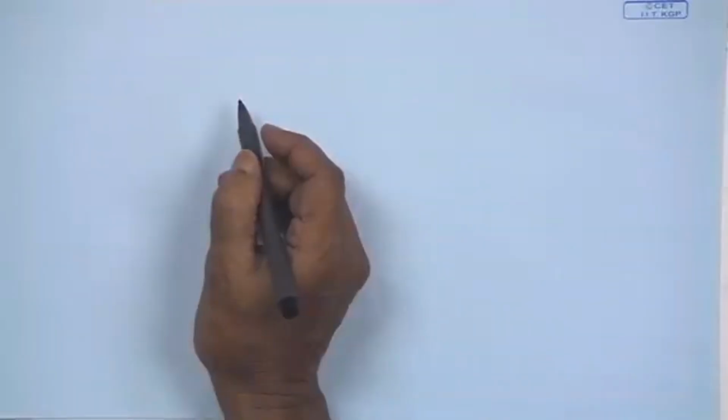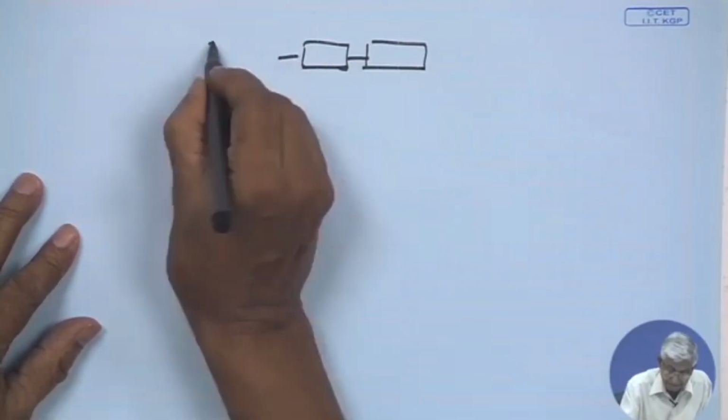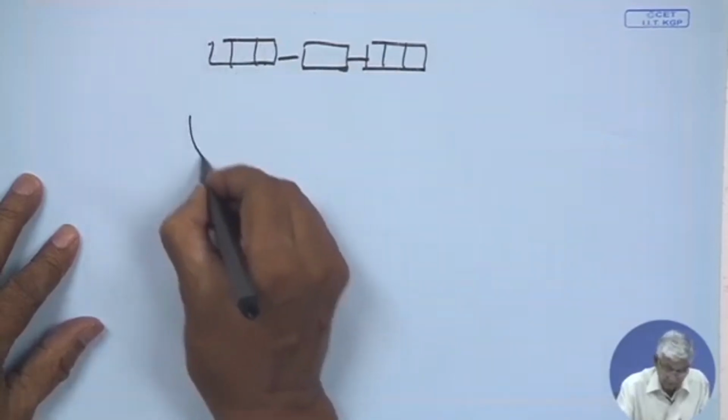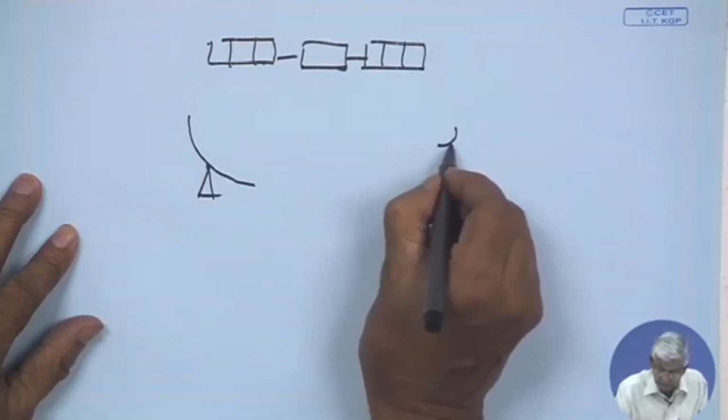Where it really happens, let us see some of the practical examples where it really happens. That is one of them. Let us put a satellite here. This is a solar panel, a bigger station and a smaller station.